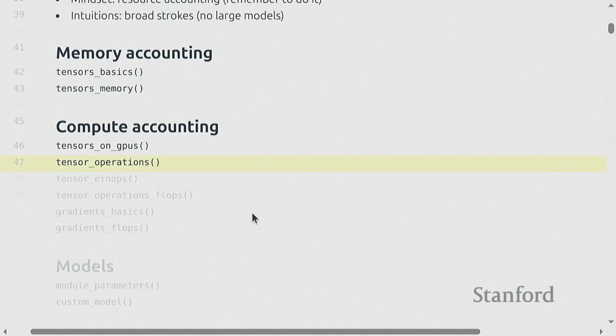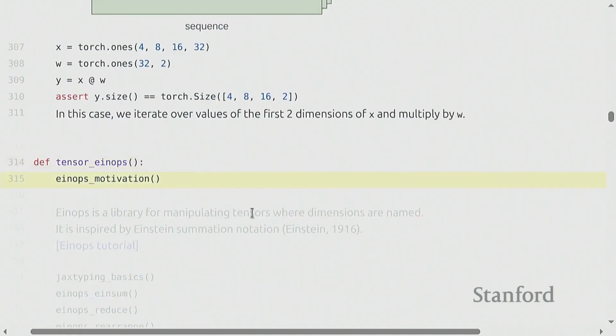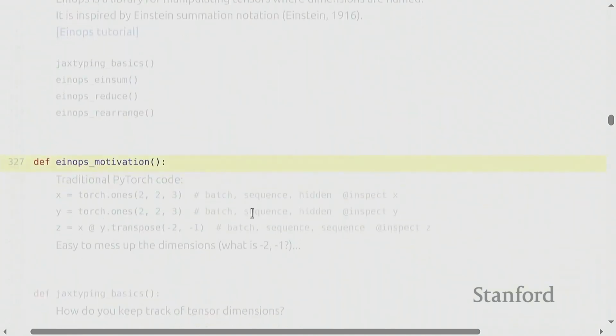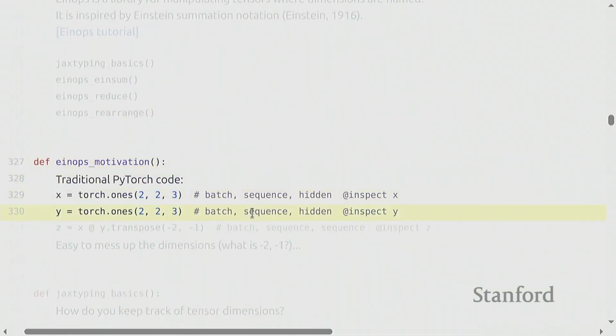Okay, so I'm going to take a little bit of a digression and talk about einops. The motivation for einops is the following. Normally, in PyTorch, you define some tensors, and then you see stuff like this, where you take x and multiply by y transpose minus 2 minus 1.